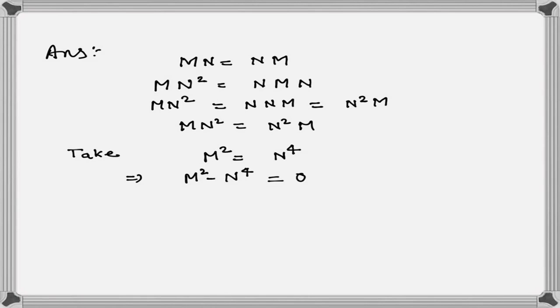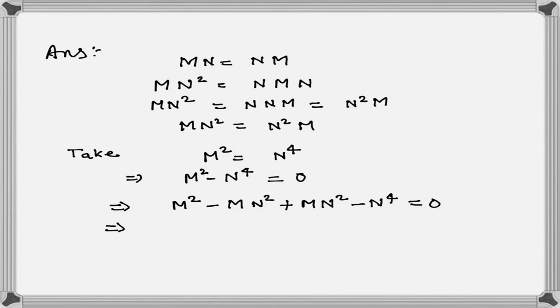Okay, so now let's try to do some manipulation in this equation. So I can always write M square minus MN square plus MN square minus N to the power 4 is equals to zero matrix.